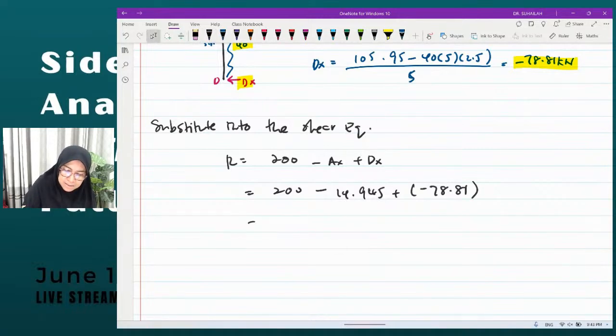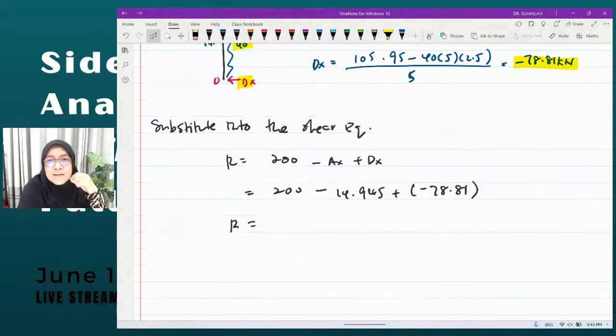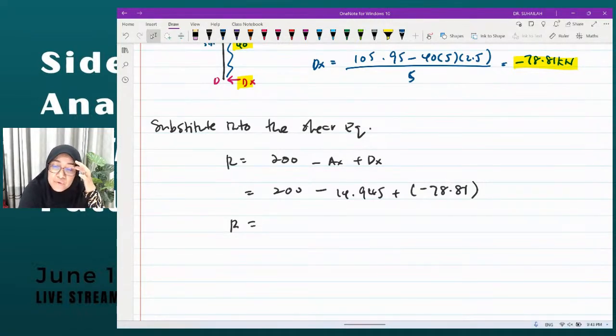What is the answer for R? 200 minus 14.945 plus negative 78.81.